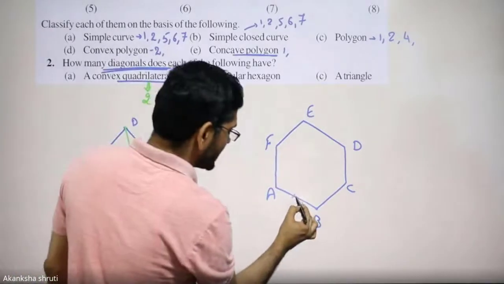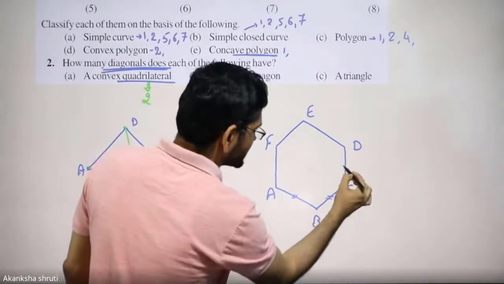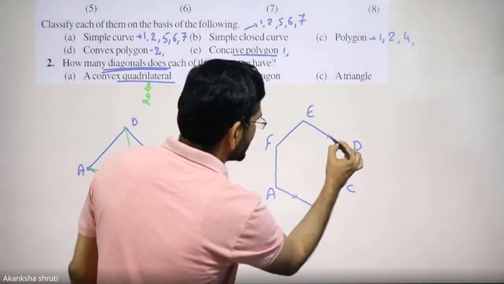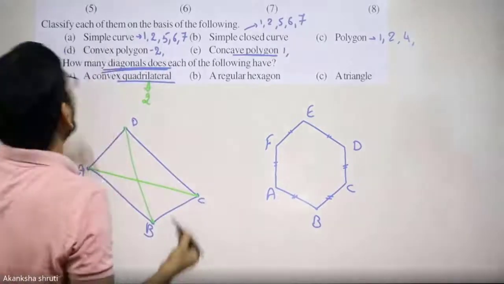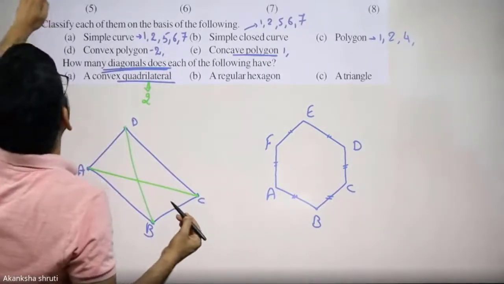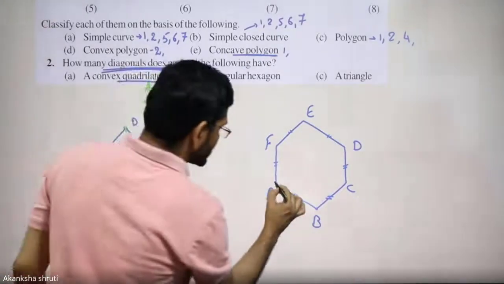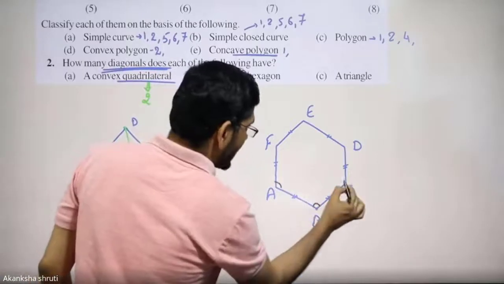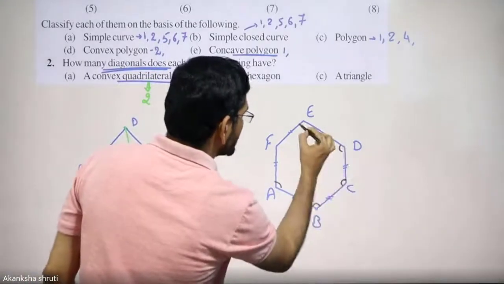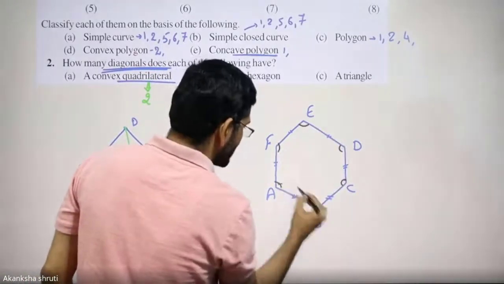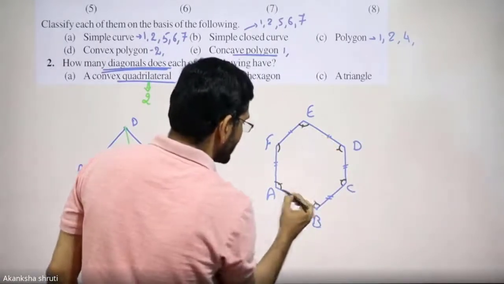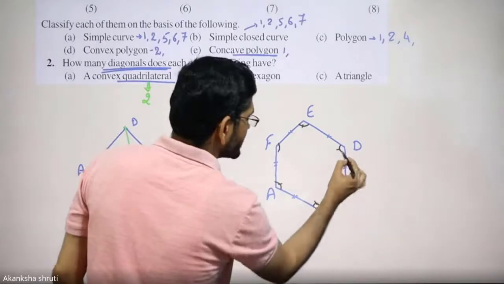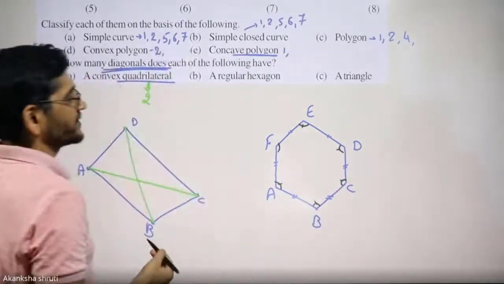Regular means all these sides are equal. That is represented by putting a small double line on each. Also, for a regular figure, the internal angles are equal too, so we may mark these angles as equal as well. We have to keep this in mind.